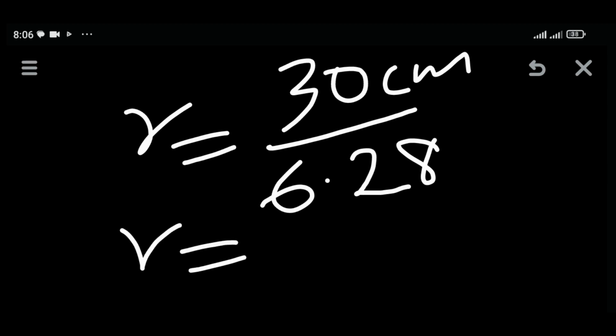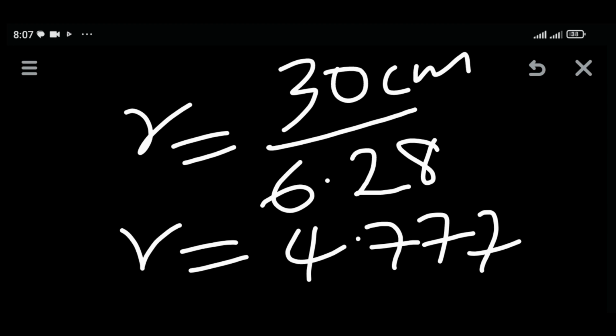Then our final answer for radius r will be equal to 4.777 centimeters. We can also approximate this to give us 4 or 5 centimeters as a whole number.